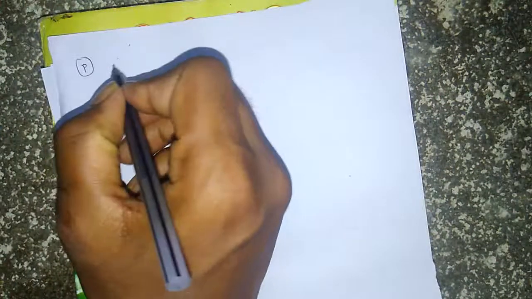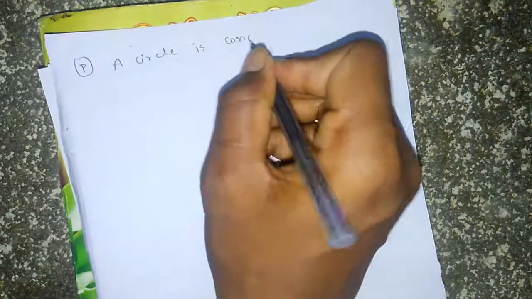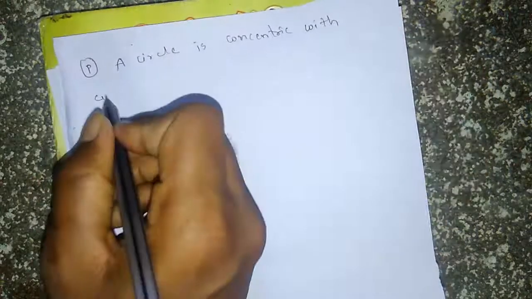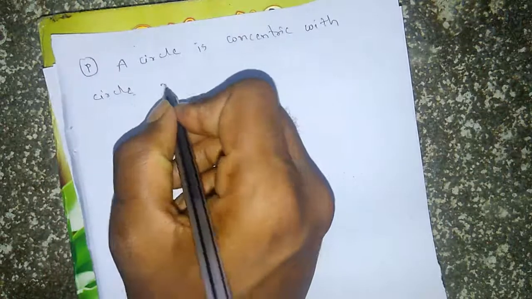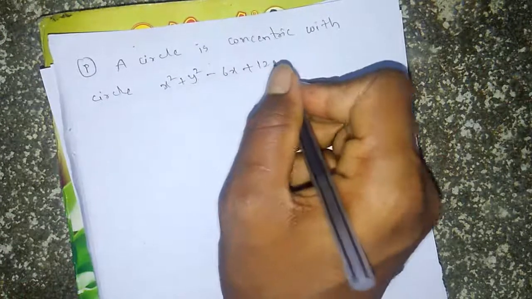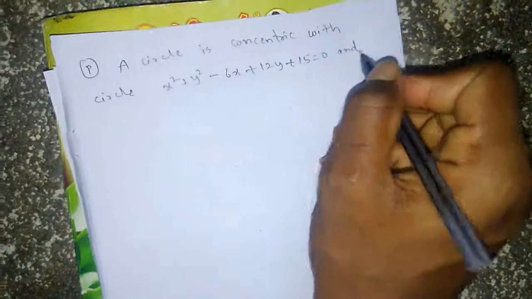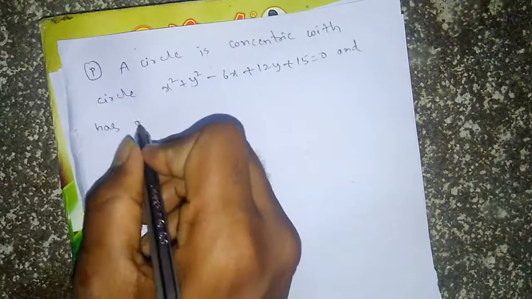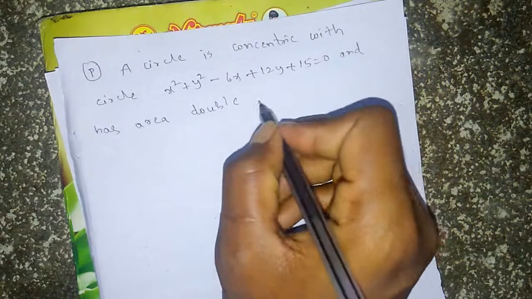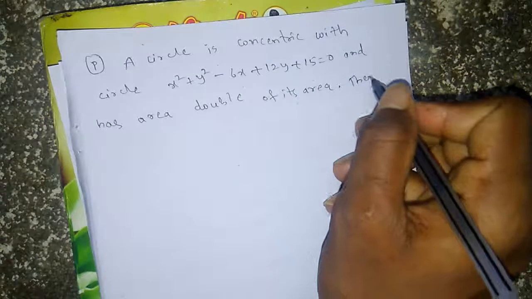Our next problem is: a circle is concentric with the circle x square plus y square minus 6x minus 12y plus 15 is equal to 0, and has area double that of its area, then the circle is.